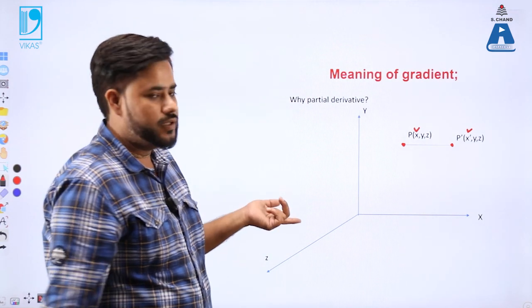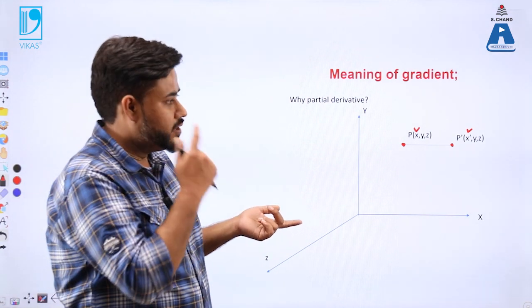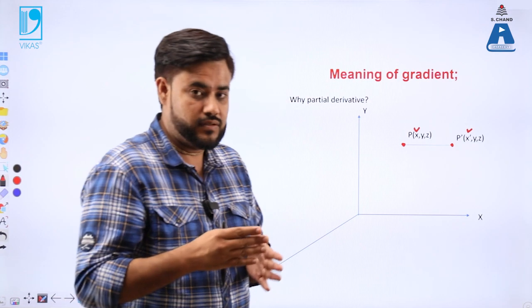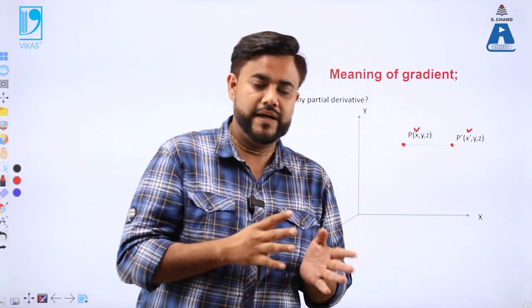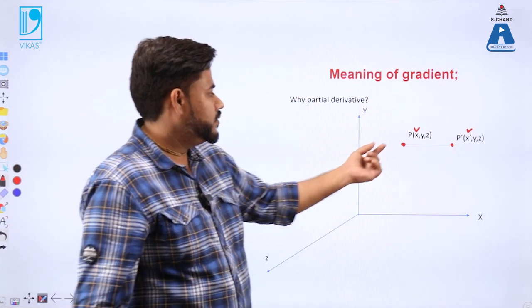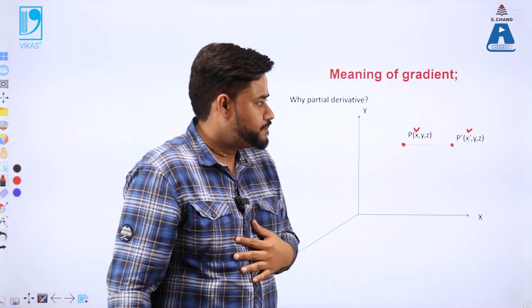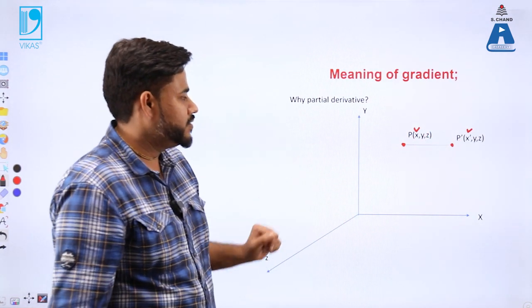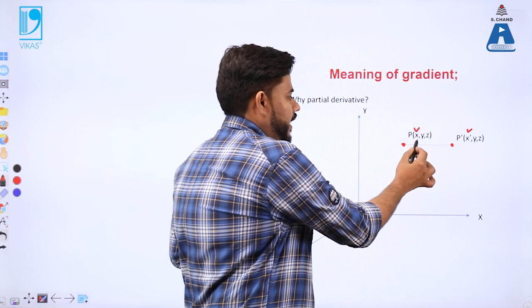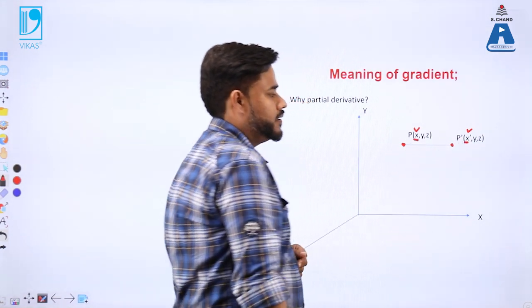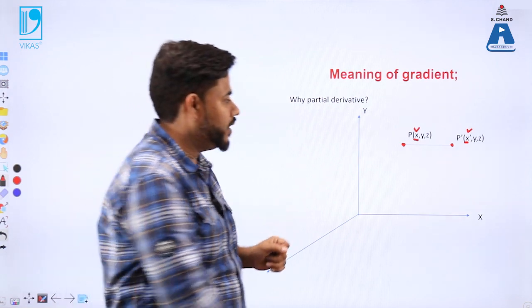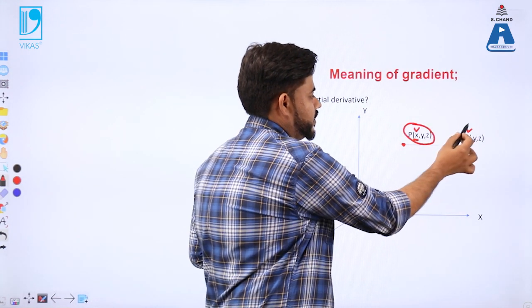This is the same concept as in the previous question, where x is variable and y, z are constants. Here also x is variable and y, z are constants. But if I look at the situation, only x is changing, y and z are not, yet the overall function is changing.